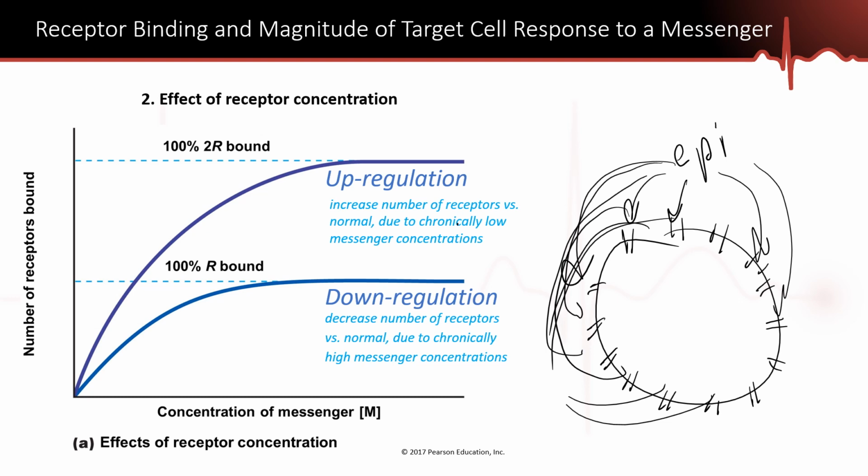So this is something that is huge that you have to take into consideration: how many receptors for a given chemical messenger does a cell have? The less receptors that a cell has for a given chemical messenger, the lesser the magnitude of effect that chemical messenger will have on the cell. The more receptors that a cell has for a given chemical messenger, the greater the magnitude of effect that chemical messenger will have on that cell.